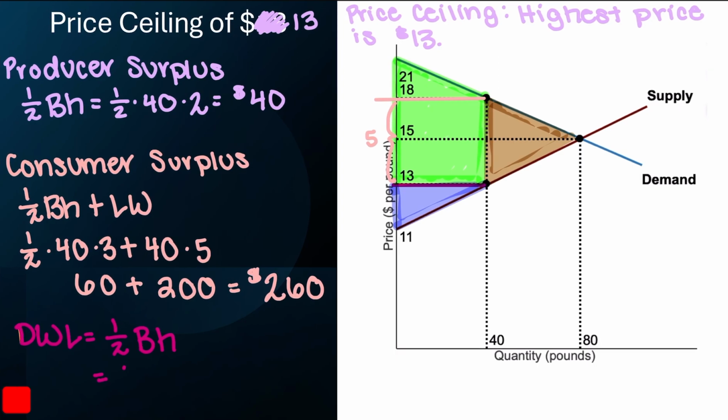So it's going to be 1/2 times 5 times 40, which gives us 100. Which of course I ran out of space because that's just kind of the way it goes.